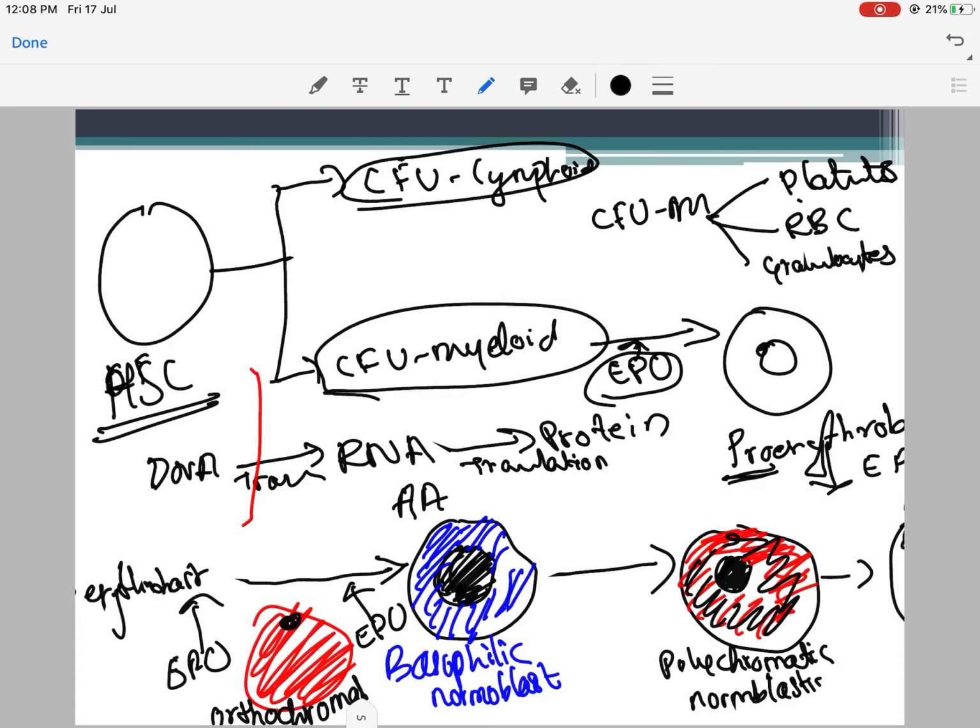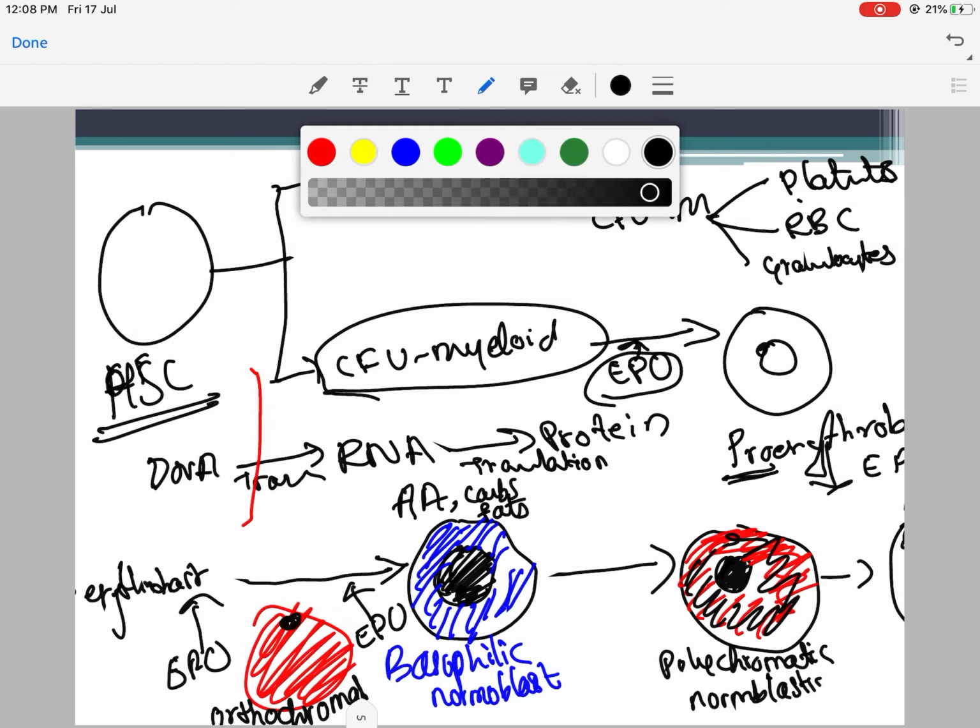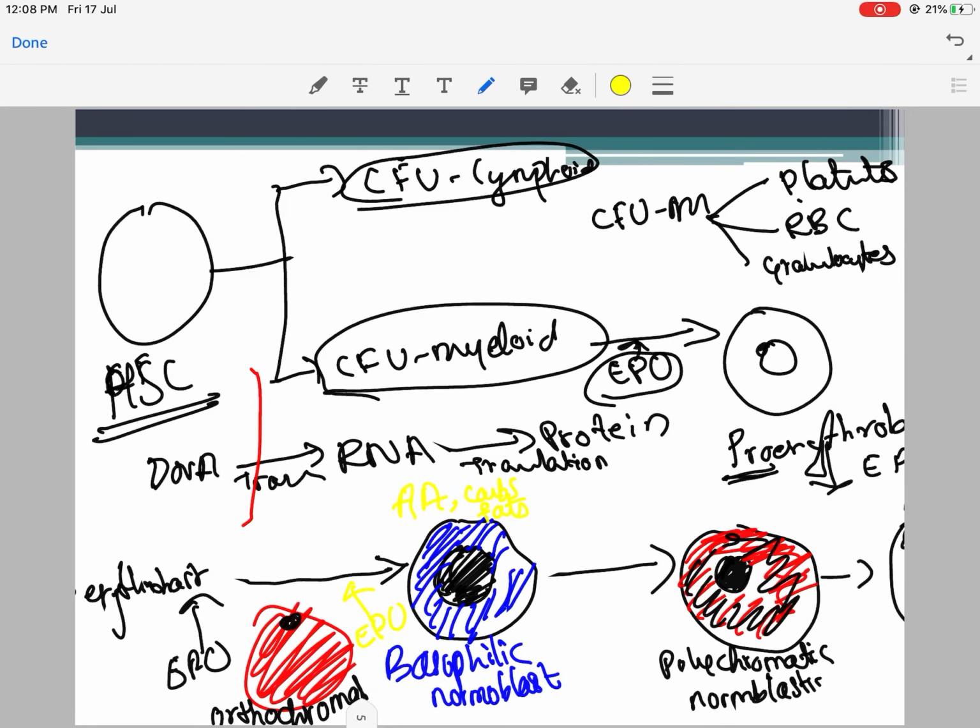For production of various cell organelles, it will require carbs and fats. These are important steps. Now here you require iron, to produce more hemoglobin.